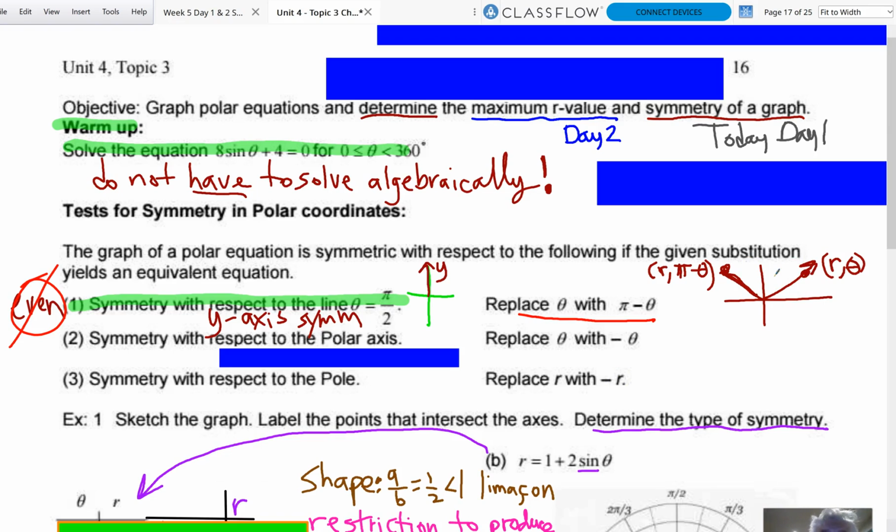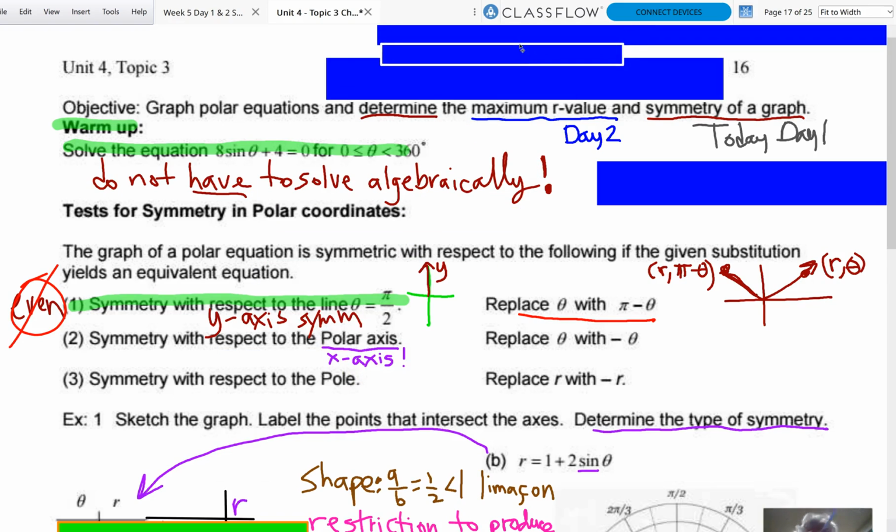Okay, symmetry with respect to the polar axis. Now, polar axis is not the same as the pole. The polar axis is your x-axis. That's something we also learned the first day that we did polar equations and polar coordinates. So it's the x-axis. So now we're going to have x-axis symmetry.